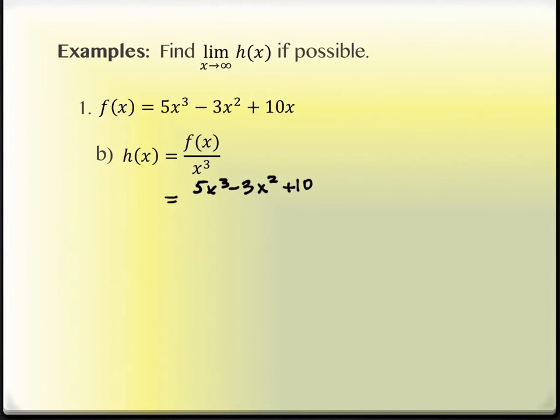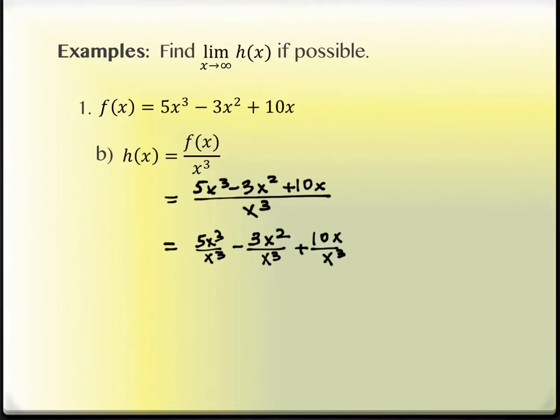All of that stays the same, but now it's written over x cubed. We're doing the same stuff, right? We're going to take 5x cubed over x cubed, and the 3x squared over x cubed, and the 10x over x cubed, and we're going to reduce it with some algebra.